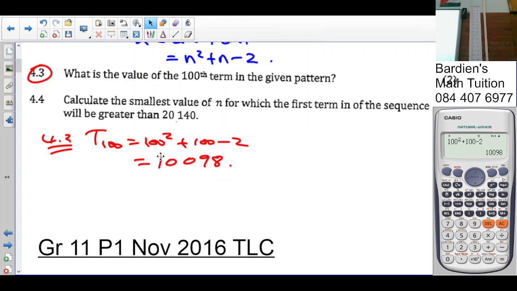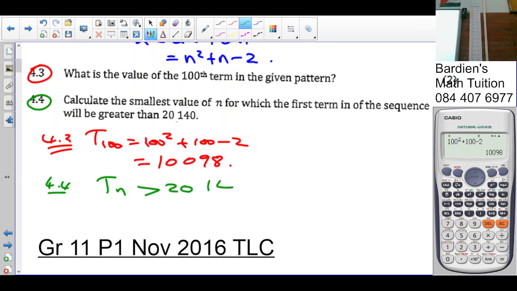Then 4.4 says calculate the smallest value of n for which the first term of the sequence will be greater than 20,140. Okay?